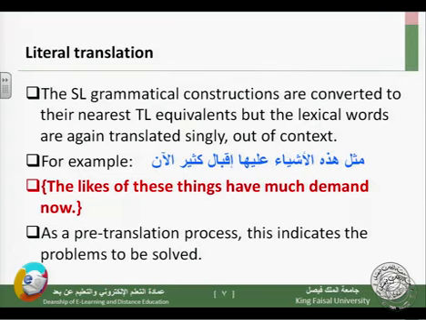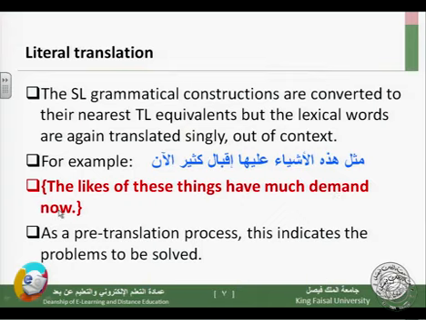مثل هذه الأشياء عليها إقبال كثير الآن. This is an Arabic text, you want to translate it into English. Now, if you want to translate literally, then look at it. مثل, the likes of these things, هذه الأشياء عليها إقبال, have much demand.